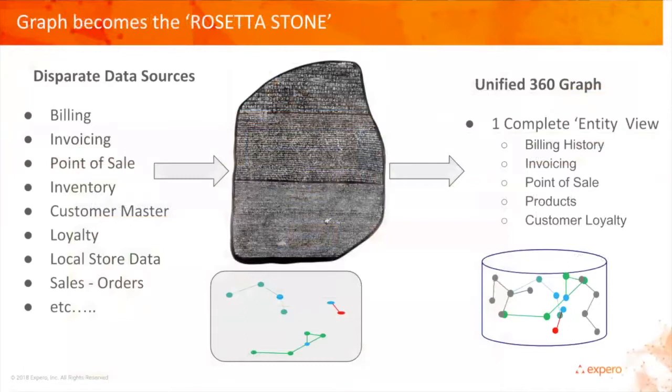So in short, you can use your graph engine at the centerpiece here to become sort of a Rosetta Stone to pull together all of these disparate data sources over time and begin to make sense out of them and see patterns in your data.